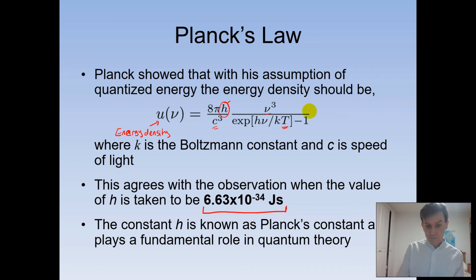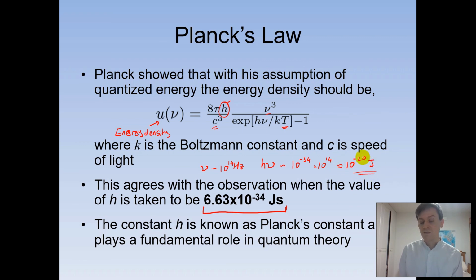Before I finish this video, I just want to note, because this value is so small, take visible light, which has a frequency of about 10 to the 14 Hertz. That means that one of these energy units that Planck predicted, which is h times the frequency, is about 10 to the minus 34 times 10 to the 14, which is about 10 to the minus 20 joules.